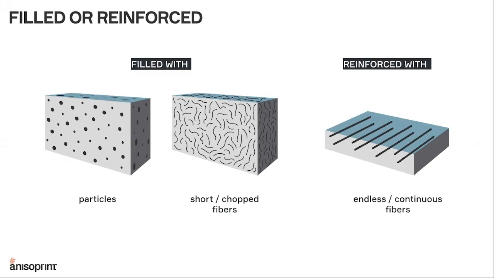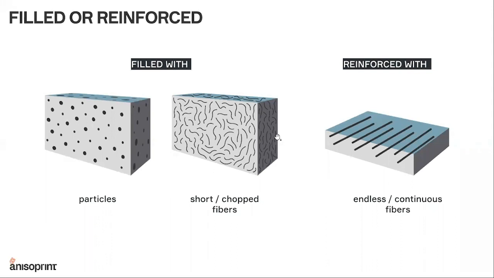With chopped fibers, the material properties are not focused, they do not have a directional vector of the material properties, and the high properties of the fibers themselves are basically dissolved in different spatial directions, and the properties are not that high.